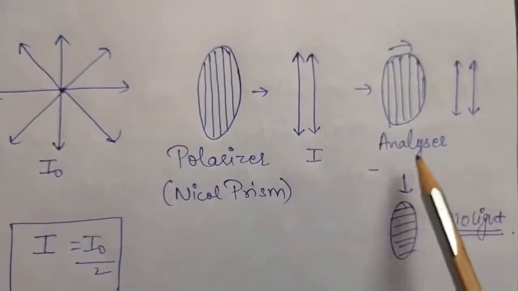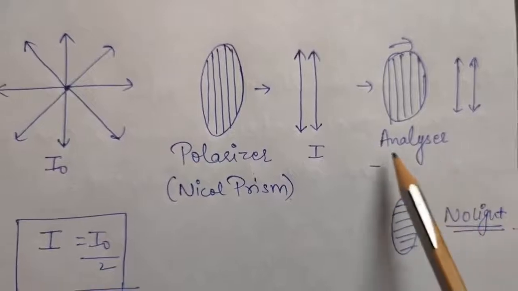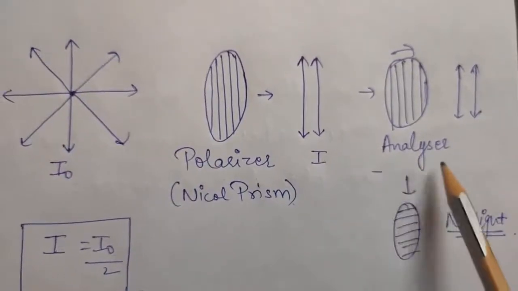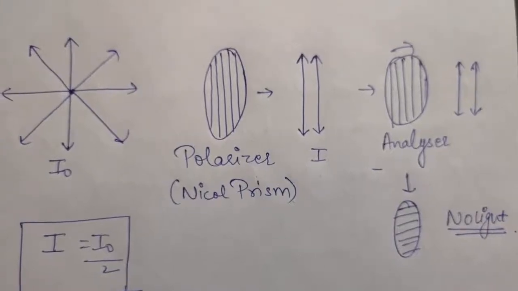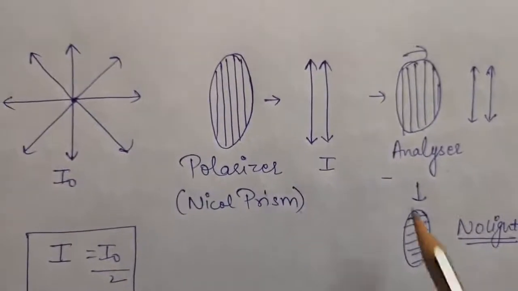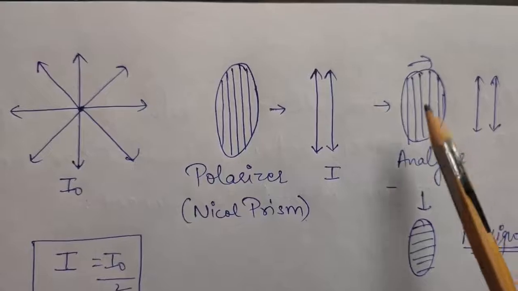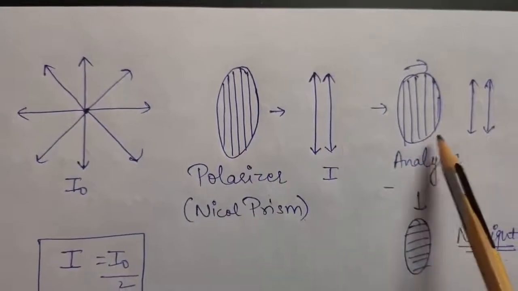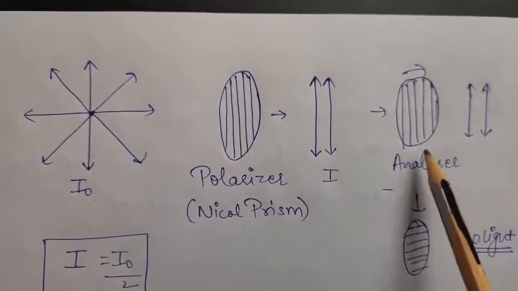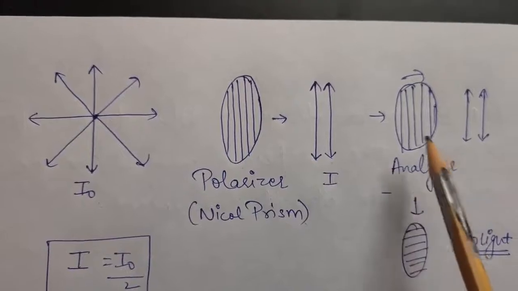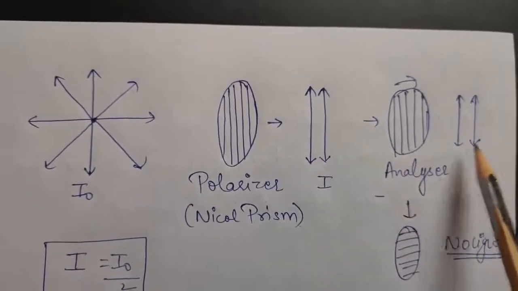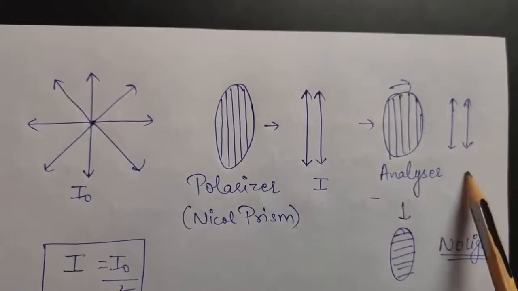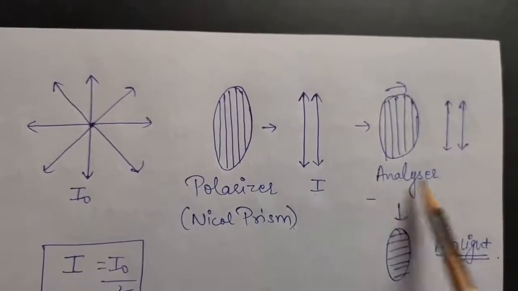After that, we generally use an analyzer, and as the name suggests, the analyzer is used to analyze the polarized light. If the axis of the analyzer is parallel to the axis of the polarizer, as you can see here, both of them have parallel axes, so all this light will pass through the analyzer and you will get the same intensity which was coming initially on the analyzer.